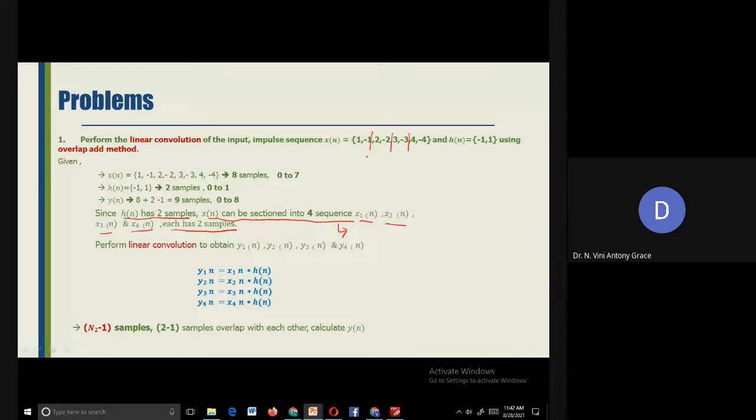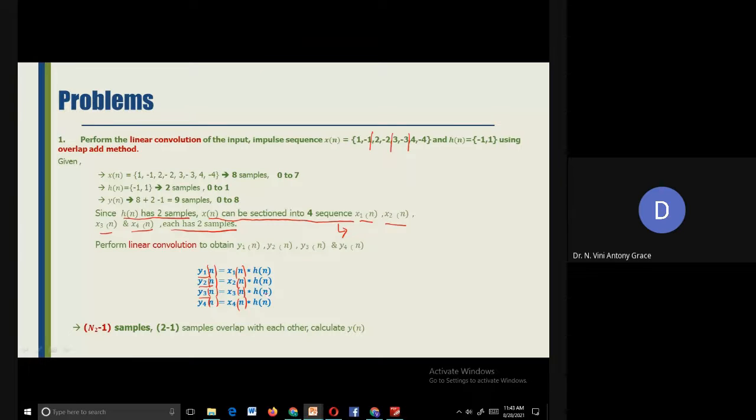After sectioning this, then you have to perform linear convolution and find 4 different responses, y1 of n, y2 of n, y3 and y4. And y1 can be obtained by performing linear convolution between x1 and h, y2, x2 and h, y3, x3 and h, y4 is x4 and h. This is what you have to do now.